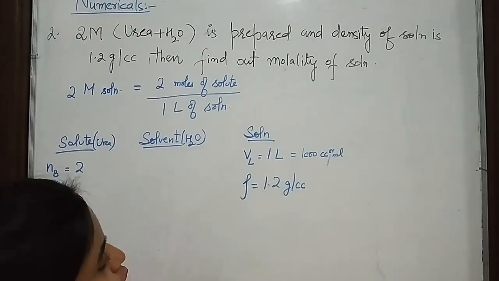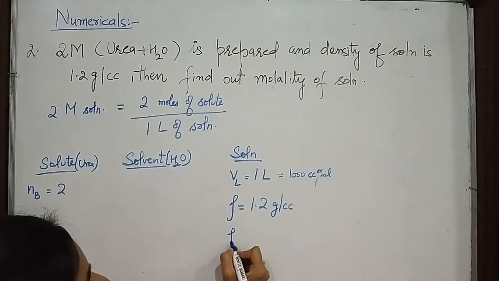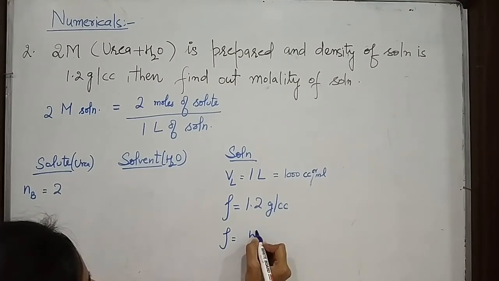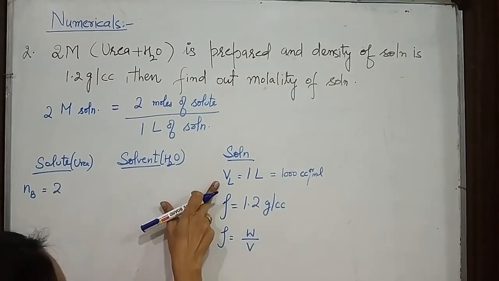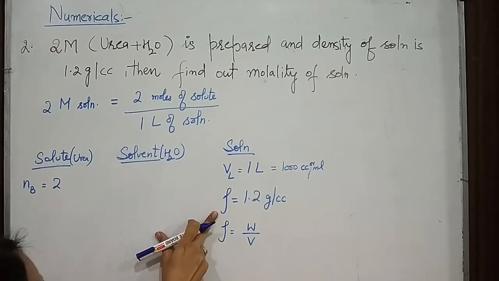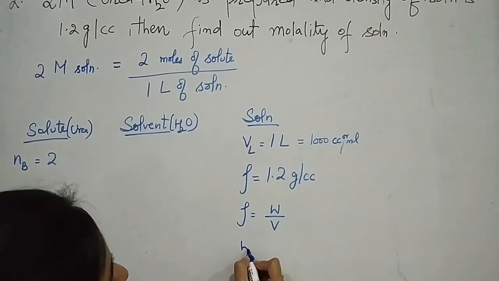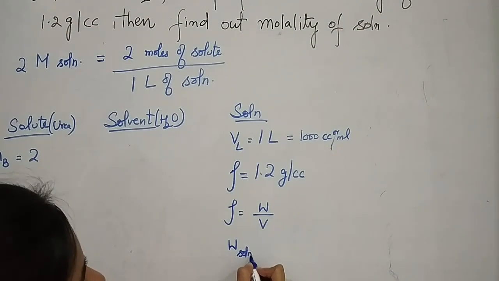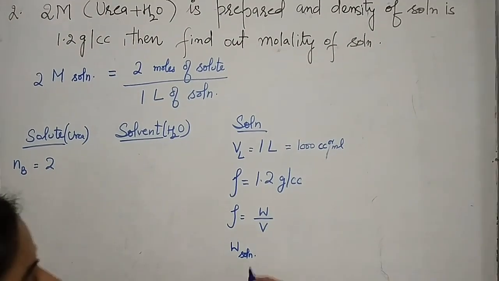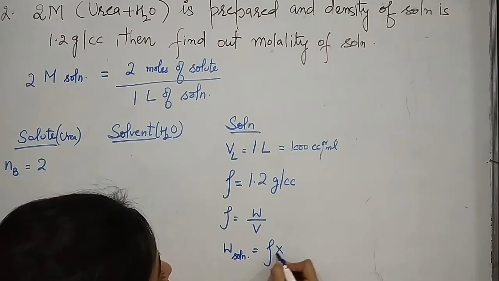Now when you know density, you know that density is equal to mass upon volume. Volume is given to you, density is given to you. You can easily find out the mass of solution. So W of solution, meaning mass of solution, is equal to density into volume.